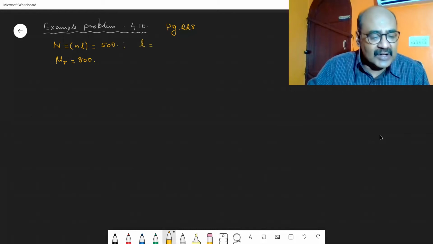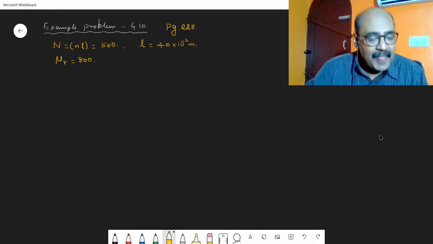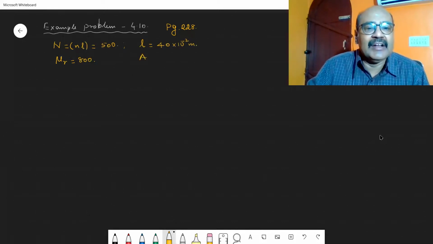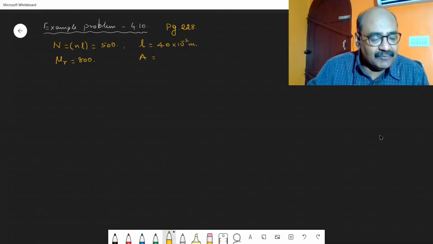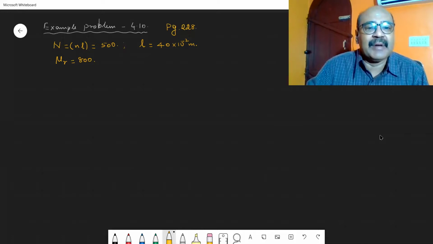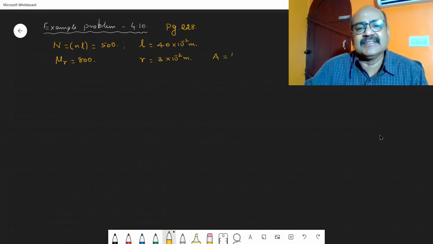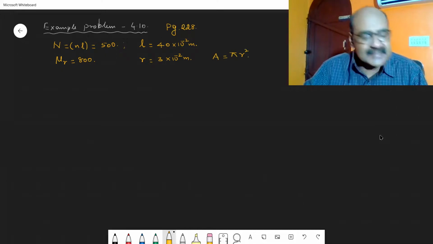The length of the solenoid is 40 centimeter, so I can write 40 into 10 power minus 2 meter. The radius is given, not the area. The radius r is 3 centimeter, so I am writing r equal to 3 into 10 to the power of minus 2 meter. I can calculate the area from this radius using the formula pi r square.